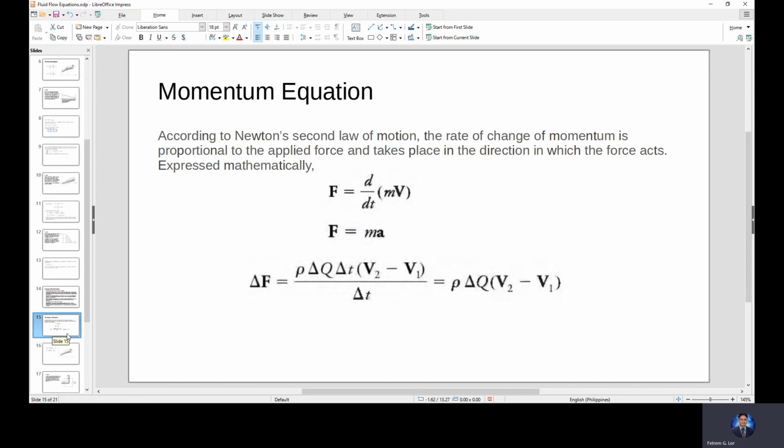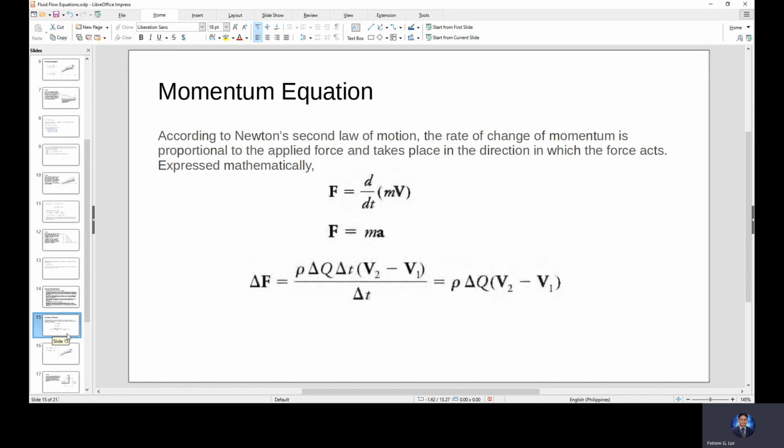It is also proportional to the mass and the acceleration of the body. If there is a change in direction or change in velocity, then you have a change of momentum, right? I think you know that one from your physics. Change in velocity or change in direction, so you have a change in momentum.